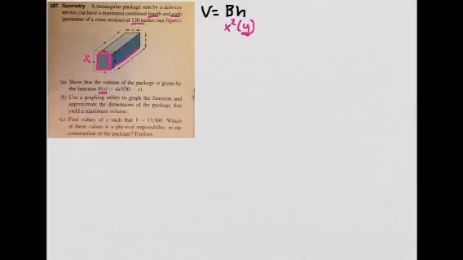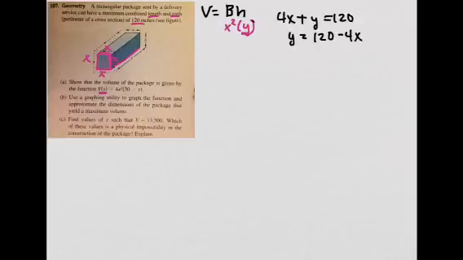So it'd be x, x, x, x, that's the girth. So that means that 4x plus y equals 120. So you solve for y, you subtract 4x, so y equals 120 minus 4x.